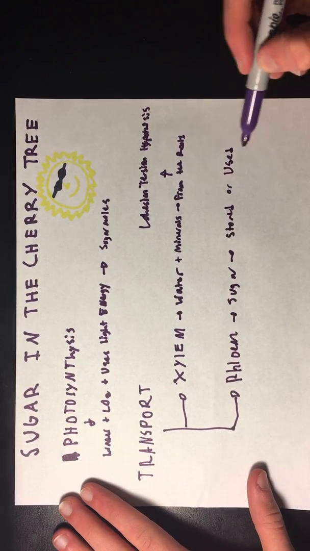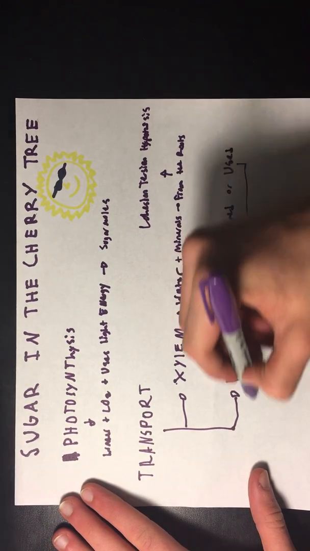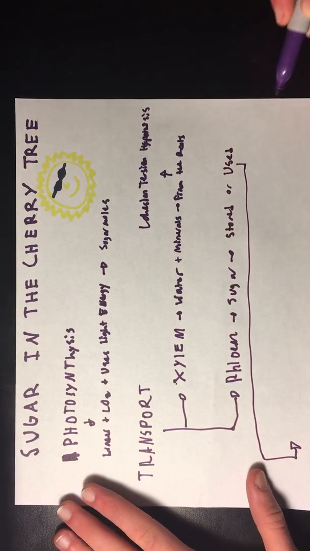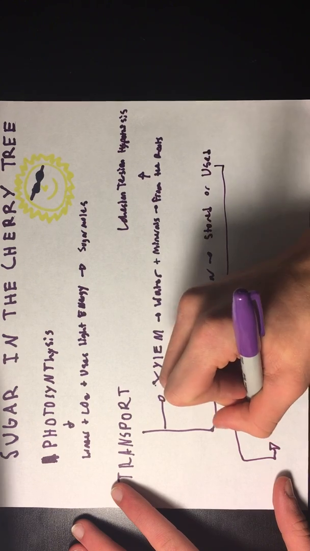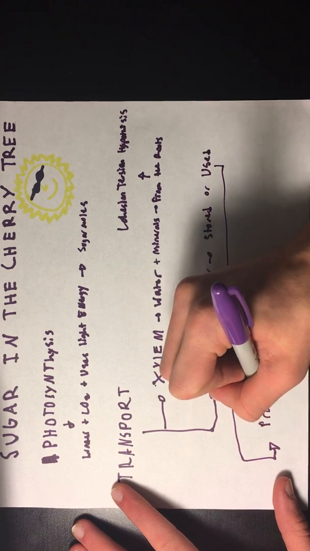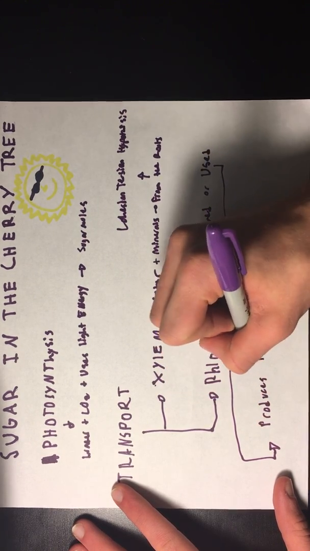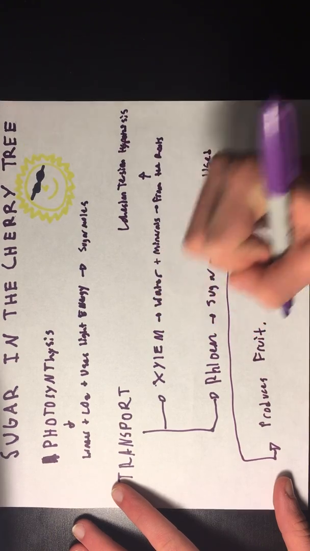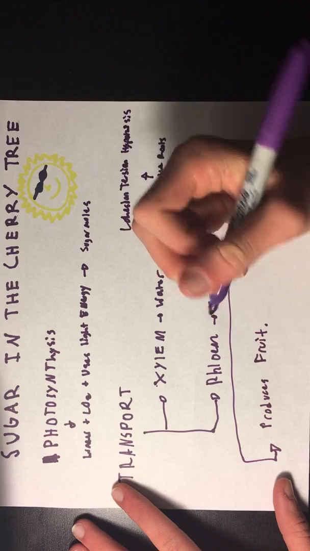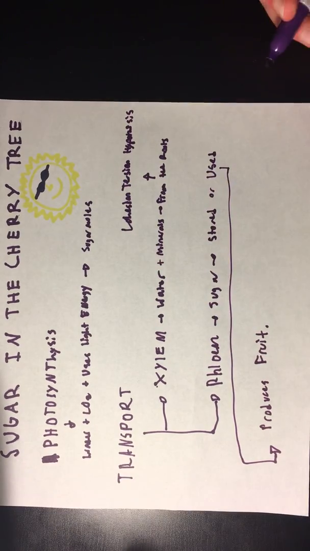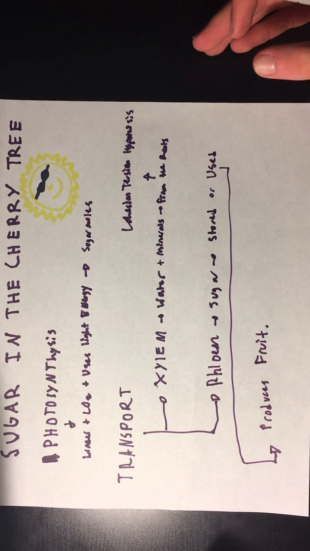And so sugar that's being used produces fruit. This fruit is being produced using the sugar from photosynthesis or from stored sugar.